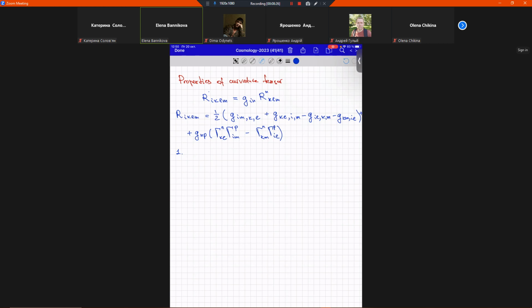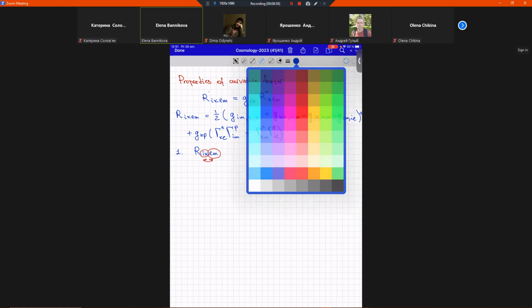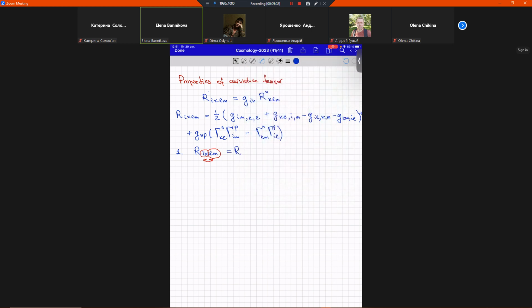It means that if we have the tensor R with indexes i, k, l, m, and we choose this pair, and if we change the places of this pair of indexes, in this case we will have the same tensor. So it equals R_{lmik}.